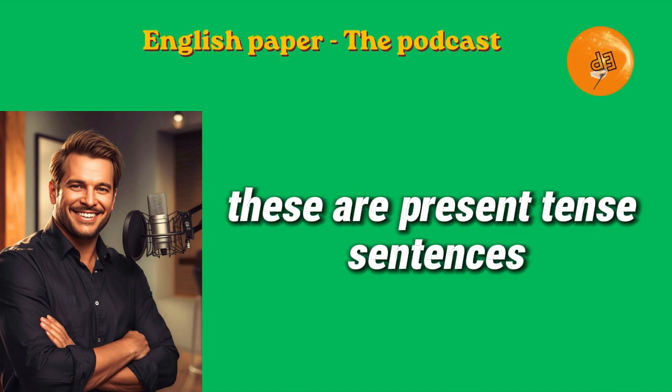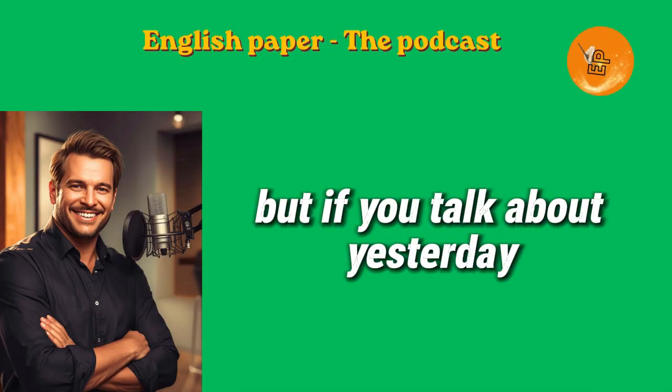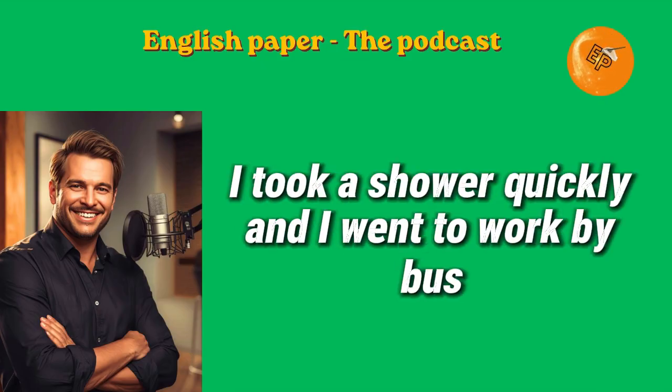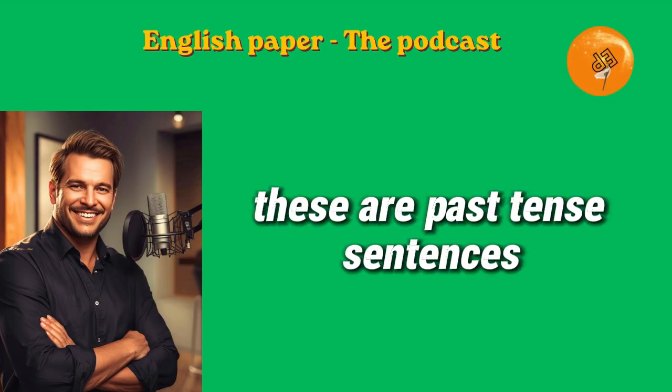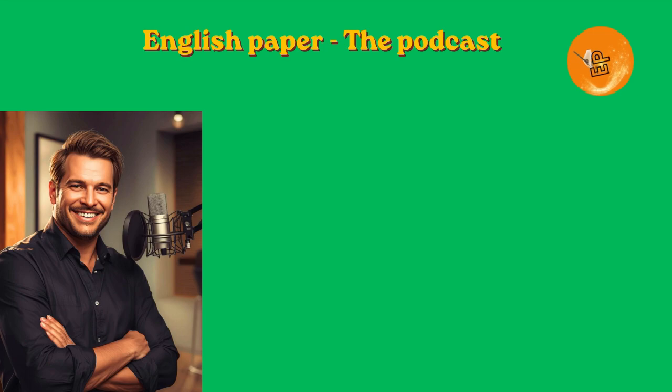These are present tense sentences because they describe your routine. But if you talk about yesterday, you will say, I woke up late, I took a shower quickly, and I went to work by bus. These are past tense sentences because the actions are finished.